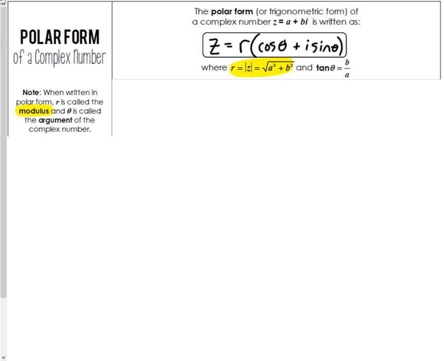If you're looking at that and suddenly going, oh no, trig is coming back, don't freak out. We're not talking about full-on identities and craziness here. When we're thinking about cosine and sine, well, our complex plane we usually think about as being analogous to our xy plane, where those real values are on the x-axis, and those imaginary values are on the y-axis.